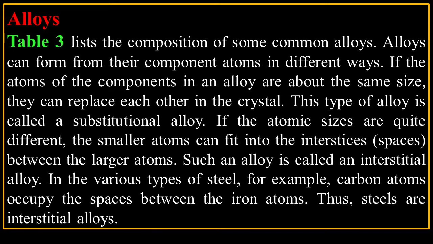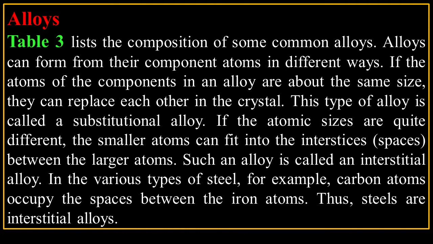Table 3 lists the composition of some common alloys. Alloys can form from their component atoms in different ways. If the atoms of the components in an alloy are about the same size, they can replace each other in the crystal. This type of alloy is called a substitutional alloy.